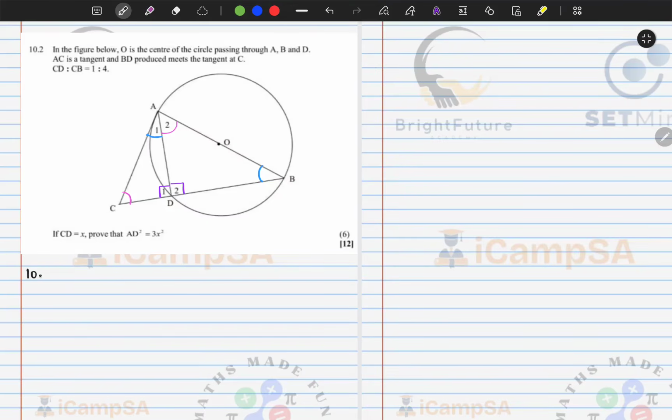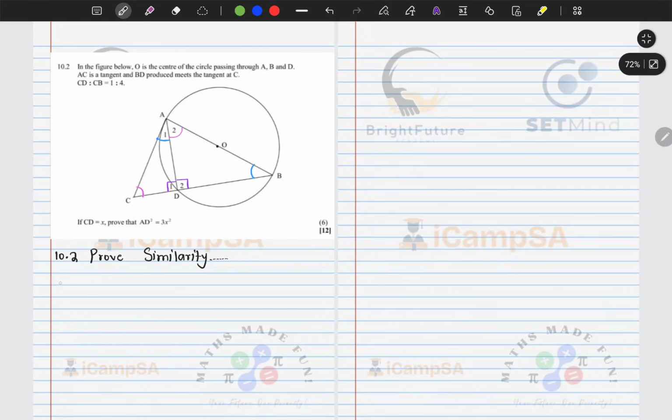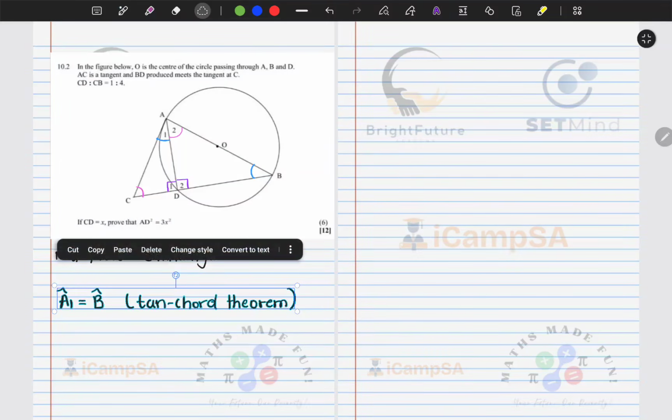So what we need to do is to prove similarity first for us to be able to do this. So what you will see is that angle A1 is equal to angle B, and the reason should be tan chord theorem. Okay, and what you will see, so let me just put this.